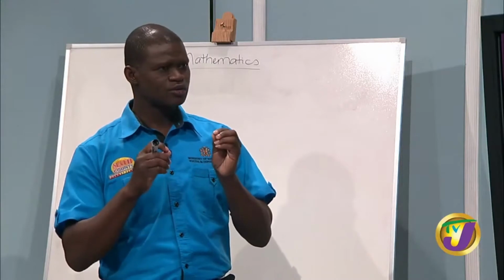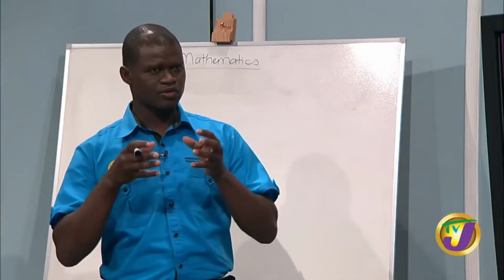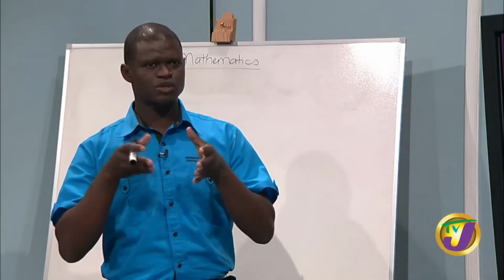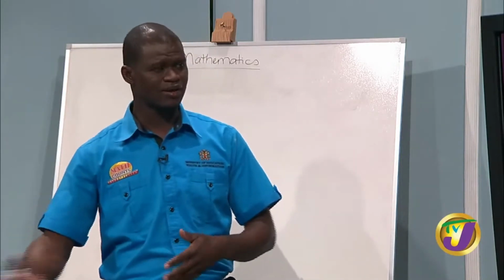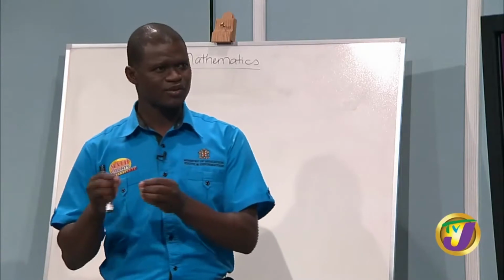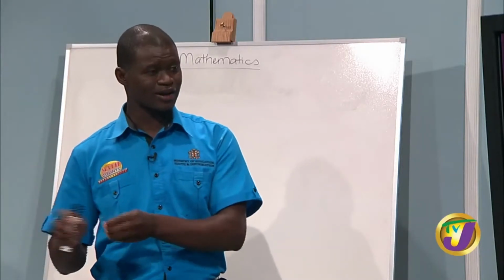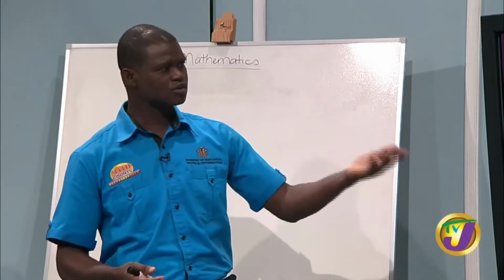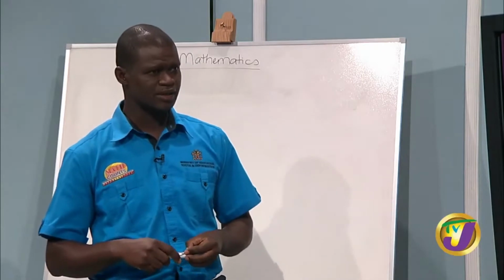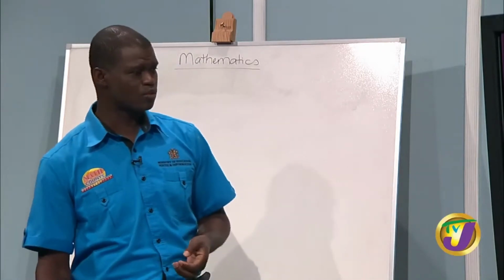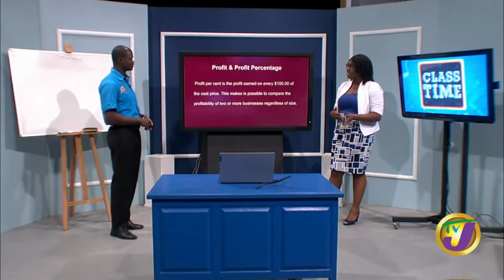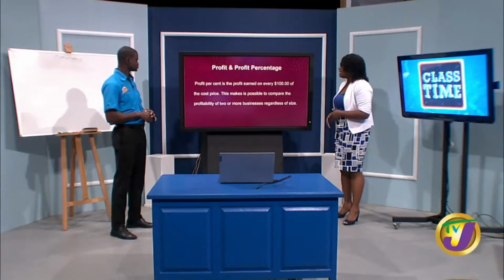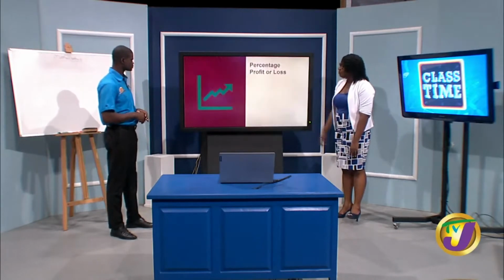When you use percentage profit, you're drilling down into how much profit you make on every $100, whether you're a big company or a small company, or even on every $1. That is why the profit percentage is really important. We're going to see that more as we go along. So does that level the playing field for making a comparison? Definitely.